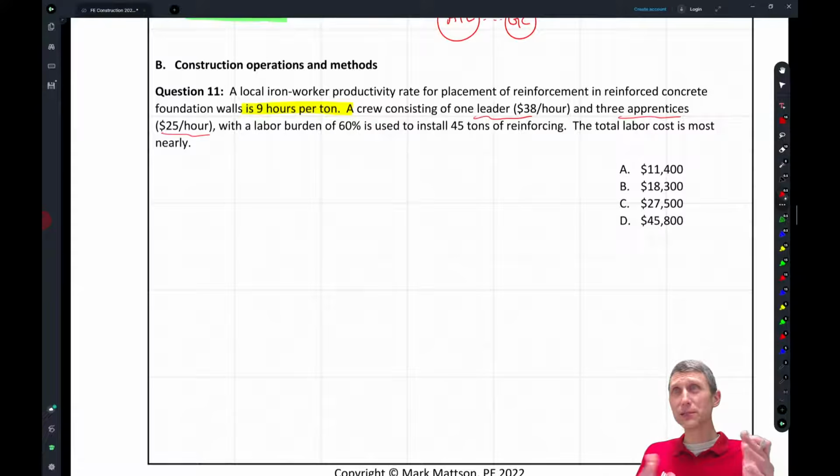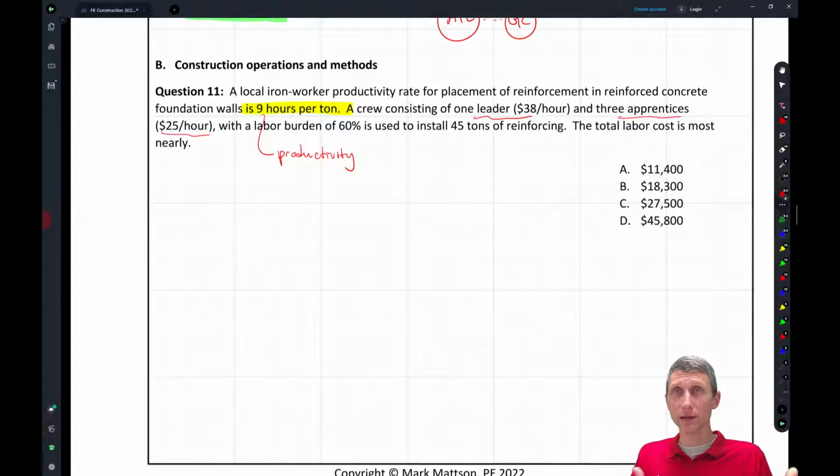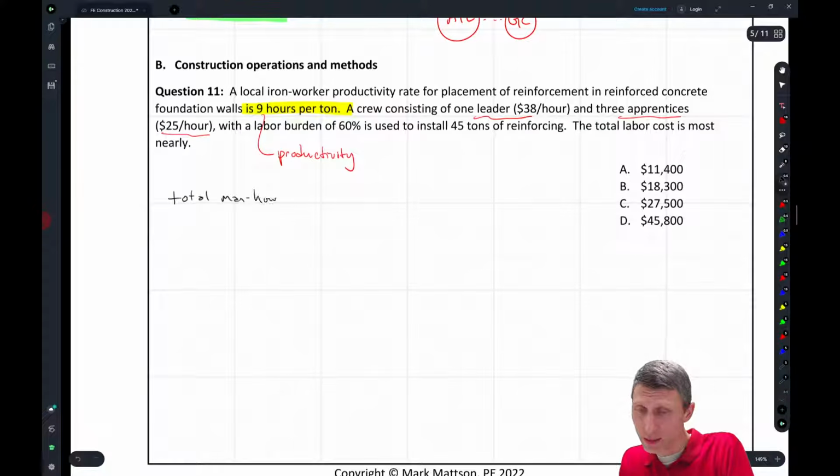Okay, so this brings up productivity rates. This 9 hours per ton is a productivity rate, right? This is saying it's going to take that long to put in a certain amount of rebar. So this is one way that you're going to estimate your labor if you get into estimating. The question then goes, well, what's the total man hours needed to do this job?